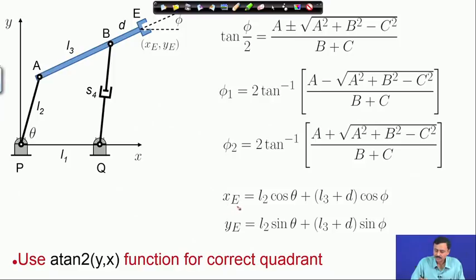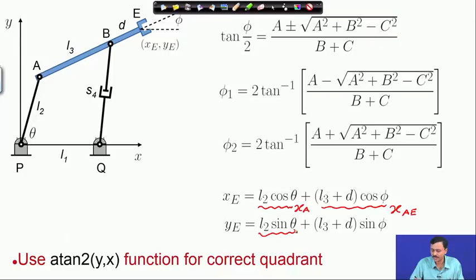So, x e, the x coordinate of the end effector, is L cosine theta, which is nothing but the x coordinate of point A, and the second term in the expression of x e, which is L 3 plus d cosine phi, is nothing but the x coordinate of the vector A e. So, I will write it like this, that this is the x coordinate of A e.